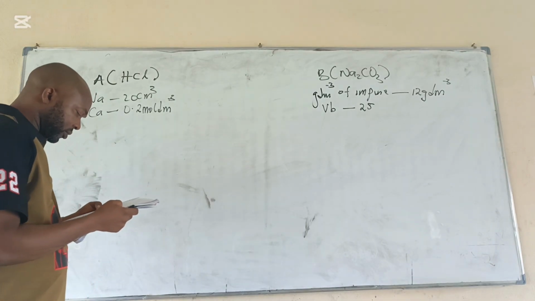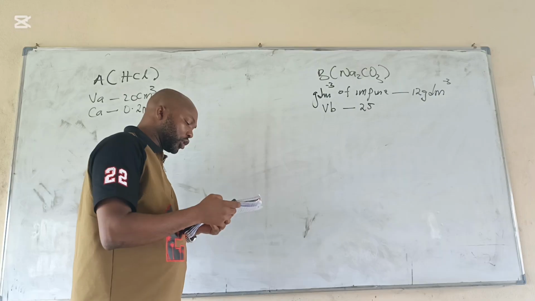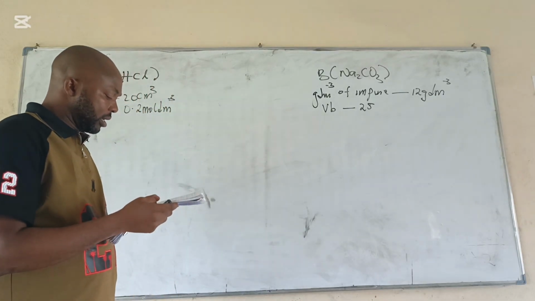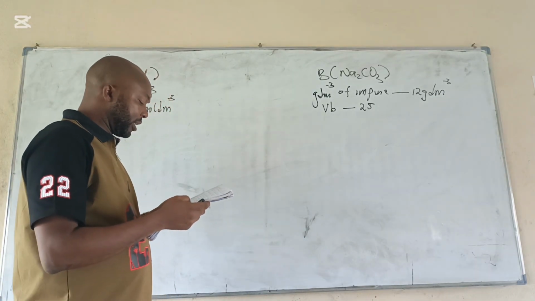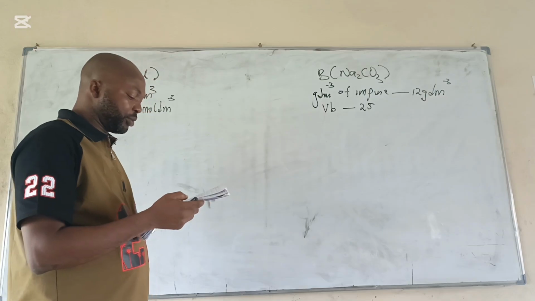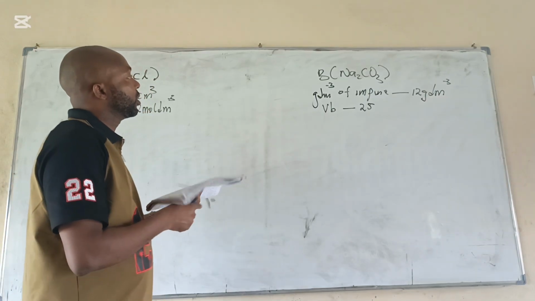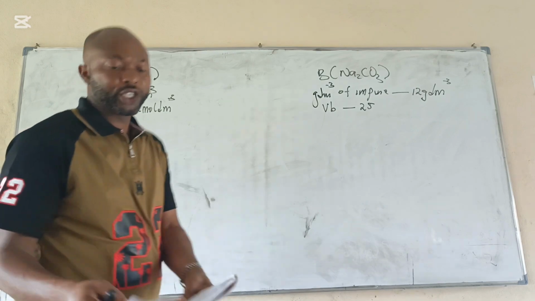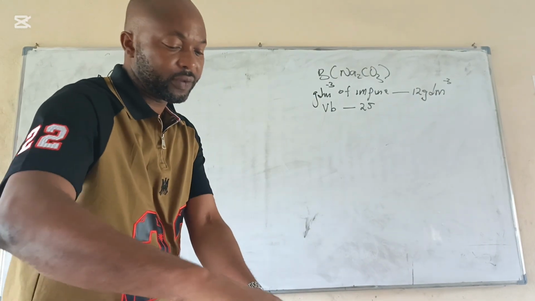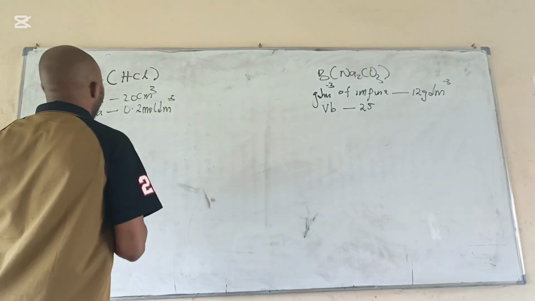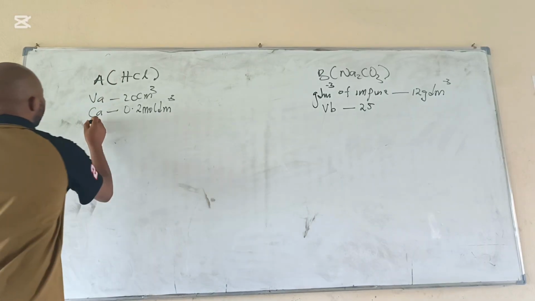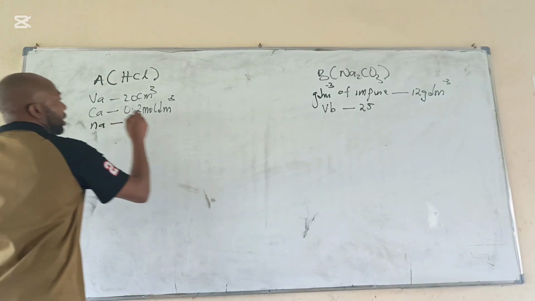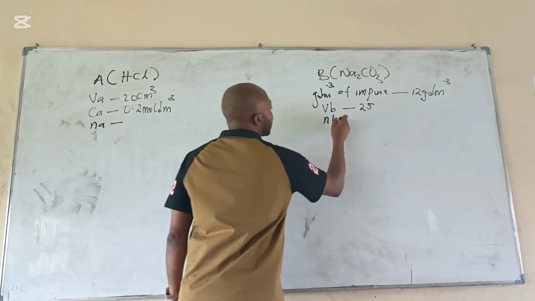Now, we should calculate the mass of the sodium chloride impurity and then find also the percentage purity of the trioxocarbonate IV. Alright, so from here we have to balance our equation, then we proceed further. We have the number of moles of acid and the number of moles of base.